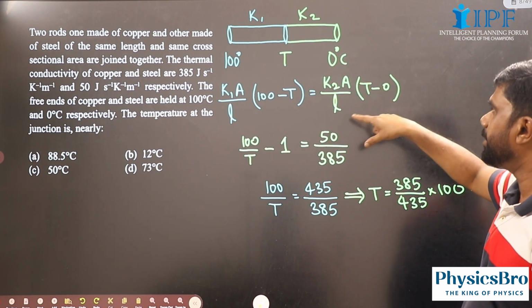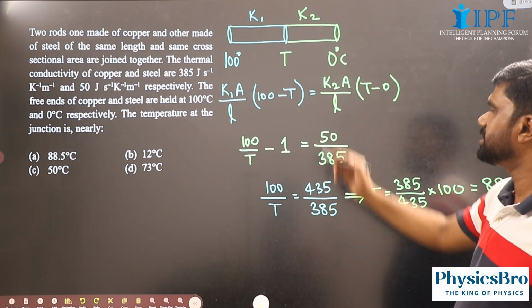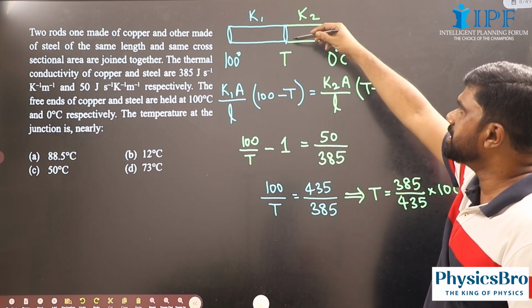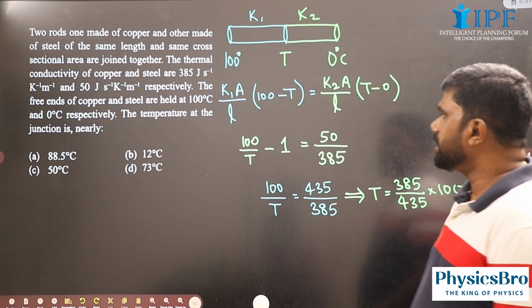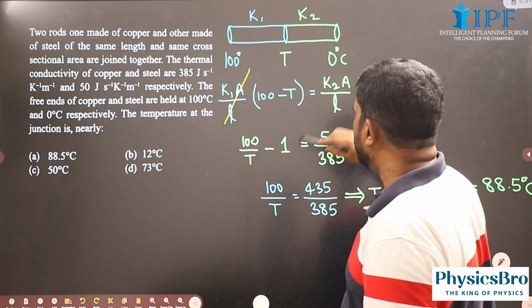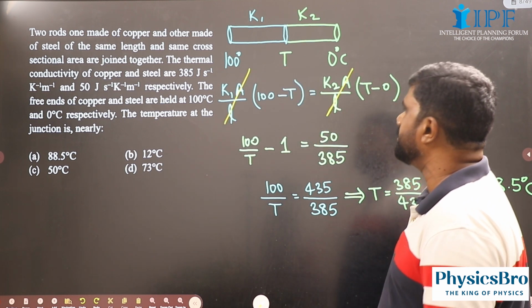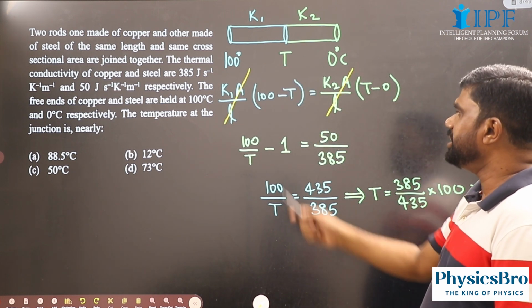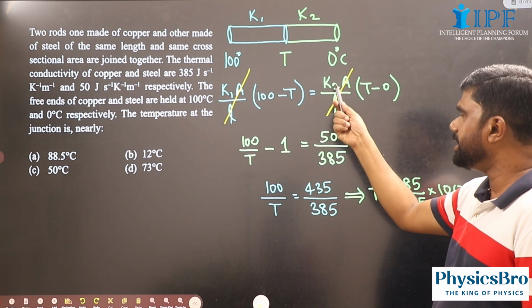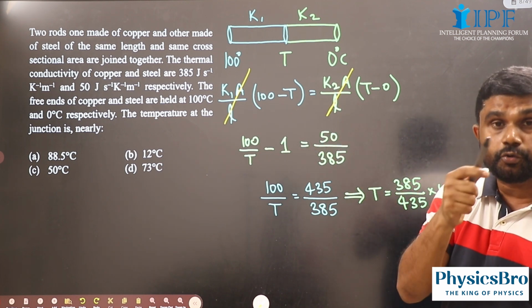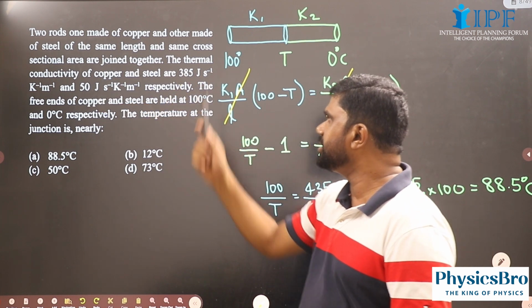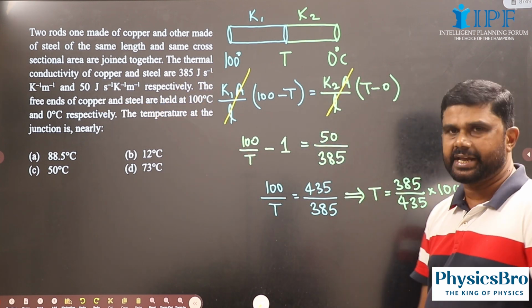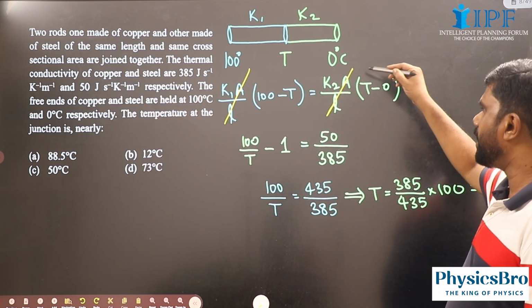It is K2A by L into T minus 0, since at one end of the steel rod the temperature is T and at the other end it is 0. Now children, here we have A by L, here also A by L, that can be cancelled. When K1 is taken to the right, on the right side we will have K2 by K1. See, K2 is 50 and K1 is 385, so 50 by 385.